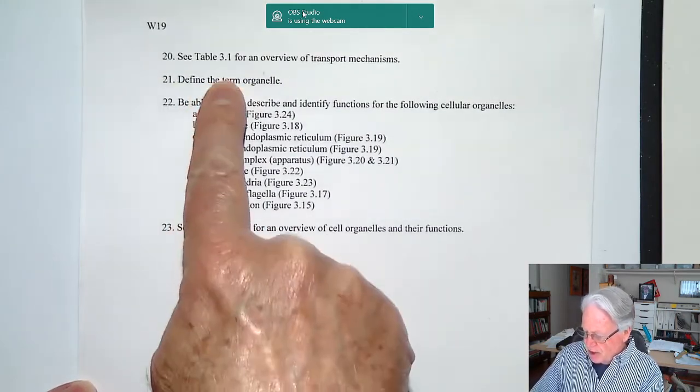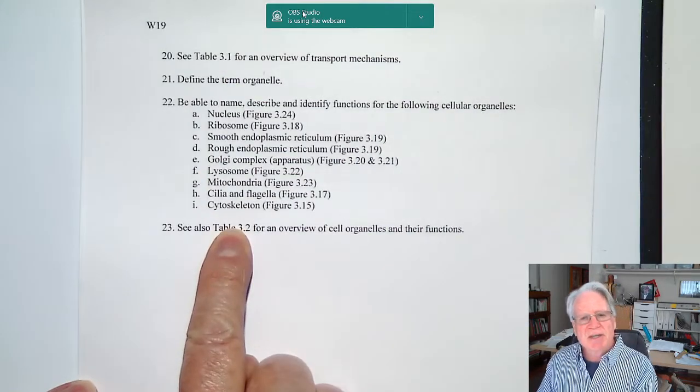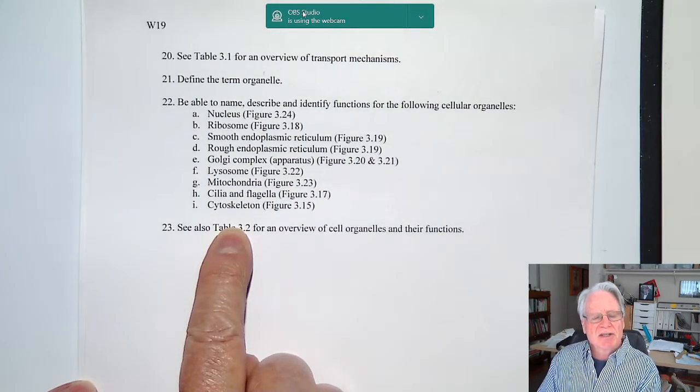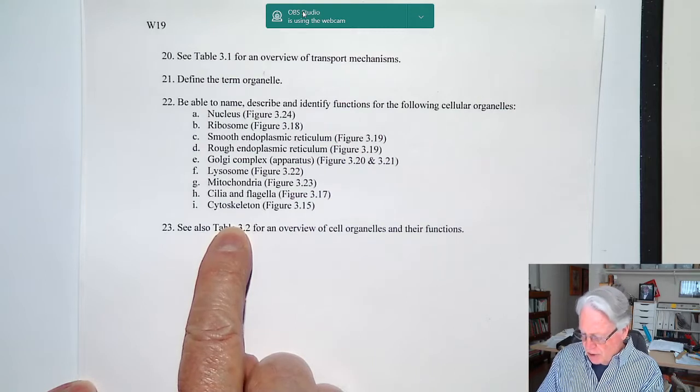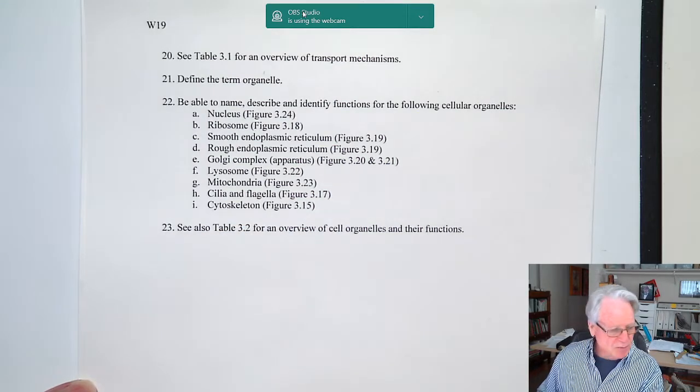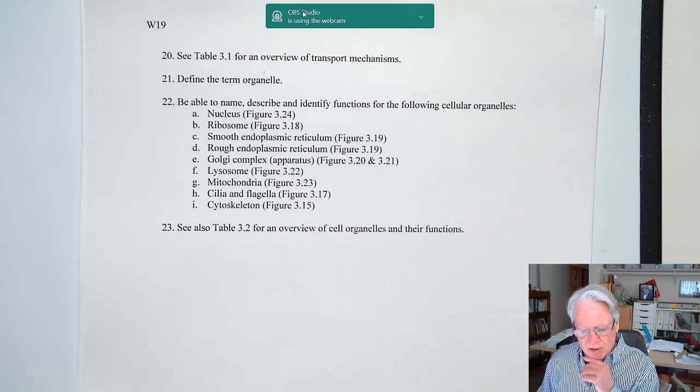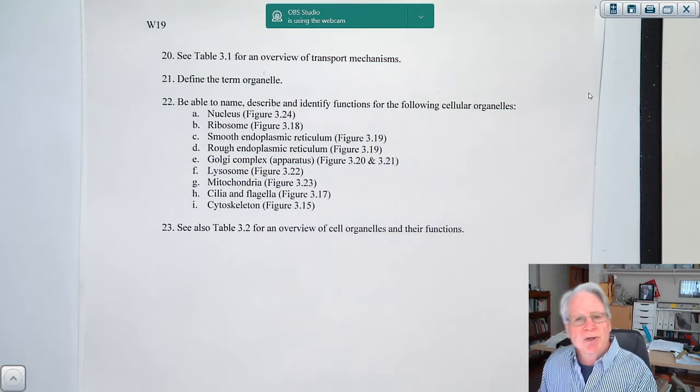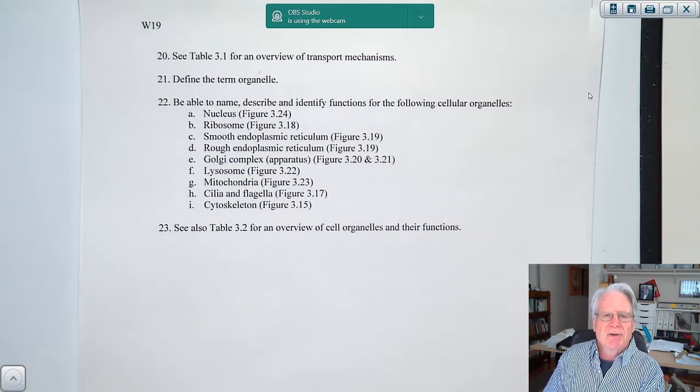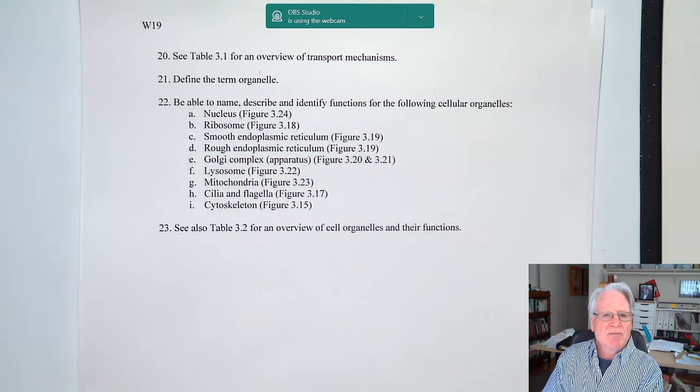All of this material will be on a second lecture presentation. So we're going to cover that first part, which is most of the questions, and then we'll look at the cellular organelles, describe them and their function, and that will cover the chapter.